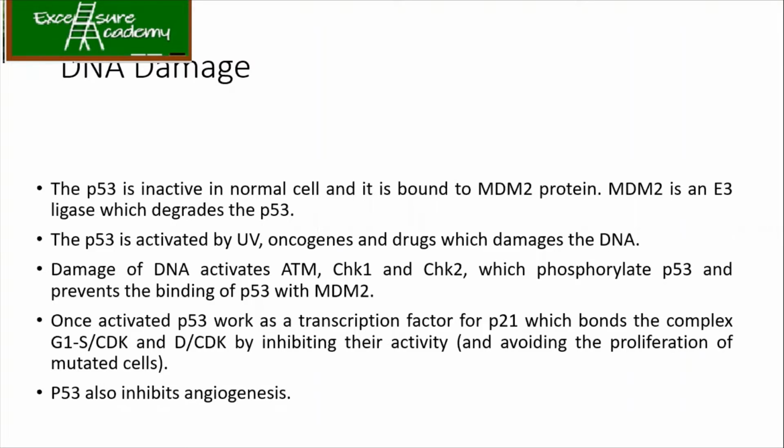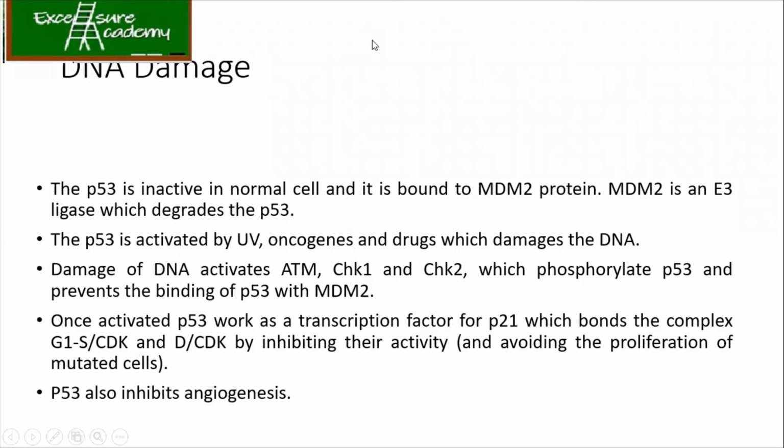Tumor suppressor gene. Correct. It's a tumor suppressor gene. Now, when you say that it is bound to M2 protein, what is M2? It is E3 ligase. It's a part of your ubiquitination proteasome, right? The full form of M2 is mouse double minute 2 protein.